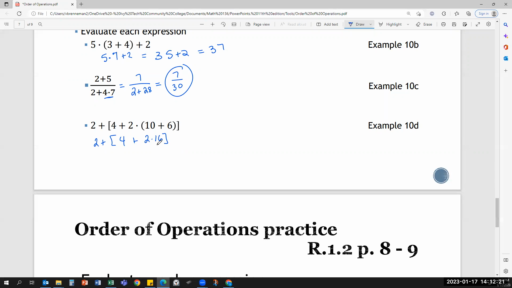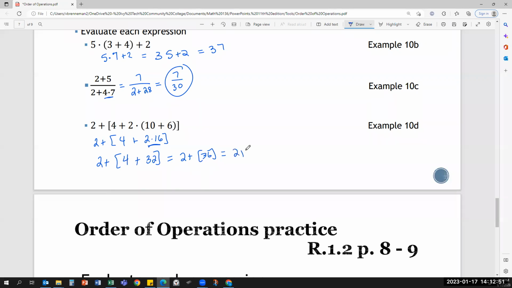So we now have 4 plus 2 times 16. The 2 times 16 is the stronger grouping inside of those brackets. So 2 plus 4 plus 32. And then really now these brackets aren't doing anything because we have 2 plus and then 4 plus 32, but you can still do it in order. 2 plus 36. And then the brackets really aren't doing anything.